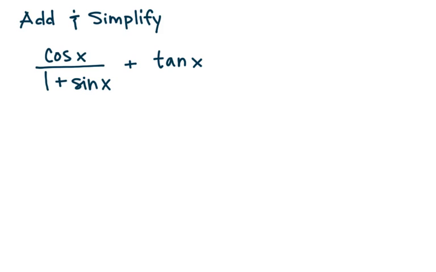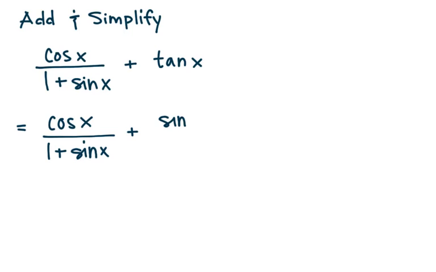So thinking about algebraic operations and what we know, well, we have a fraction, and I could make that into a fraction by putting it over 1, or I could also make it into a fraction by rewriting tangent as sine over cosine. So this is the same as cosine x over 1 plus the sine of x plus tangent is sine x over cosine x.